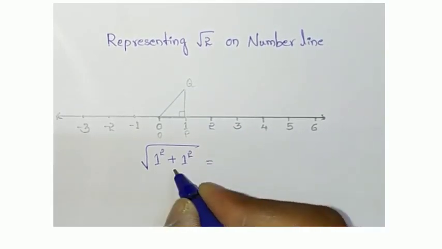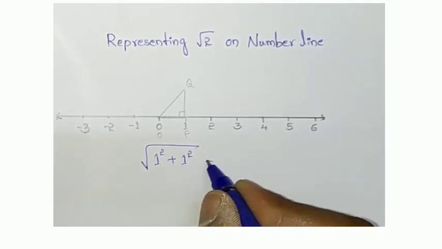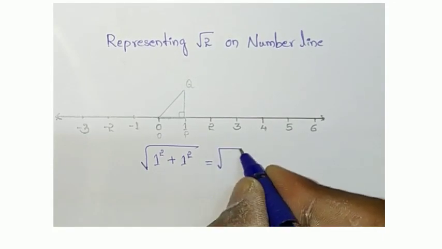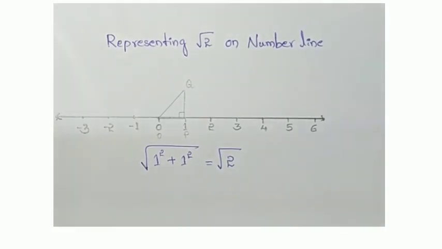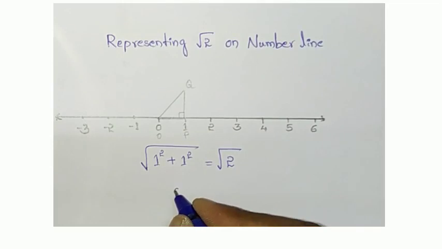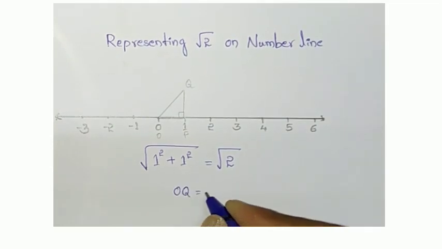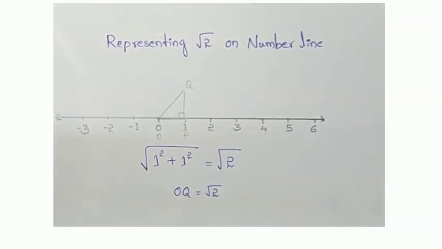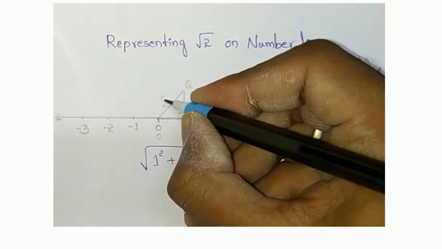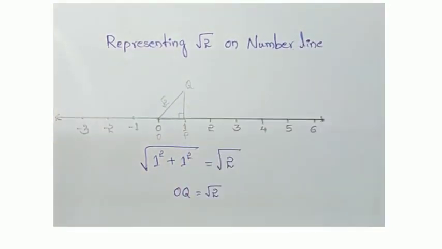So 1 plus 1 gives us root 2. That's why OQ is our root 2.